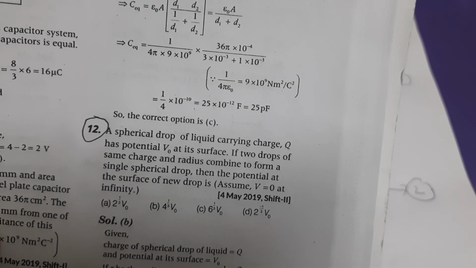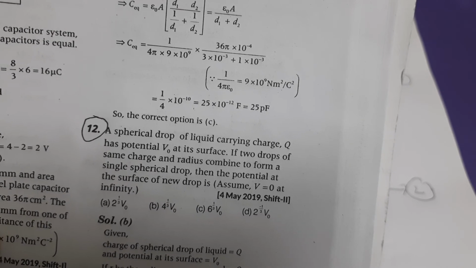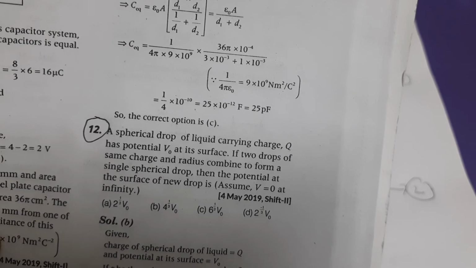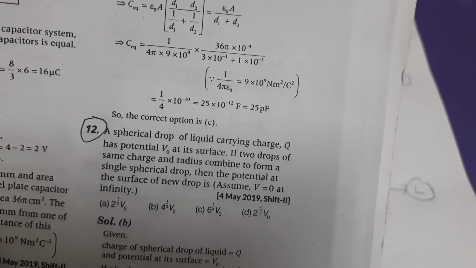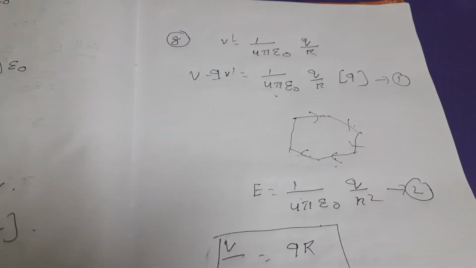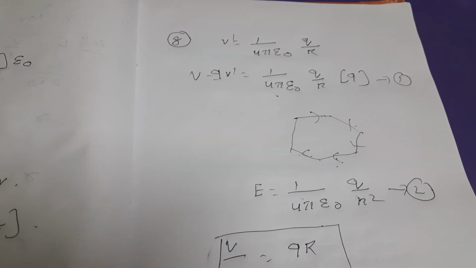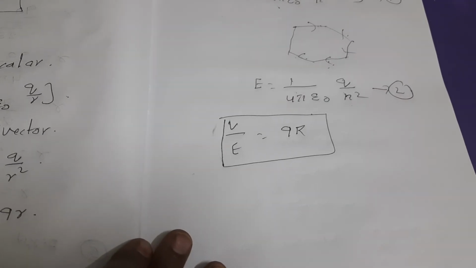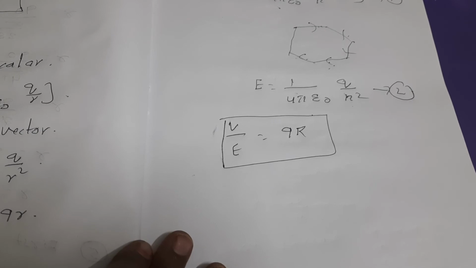If two drops of the same charge and radius combine to form a single spherical drop, then what is the potential at the surface of the new drop? Just now we discussed capacitance: when drops are combined, it gives capacitance n to the power of 1 by 3 into C.